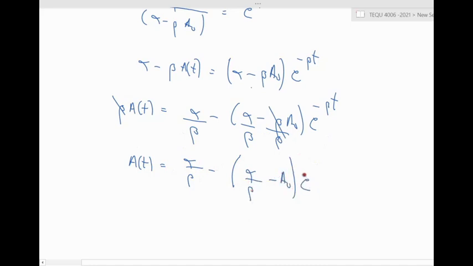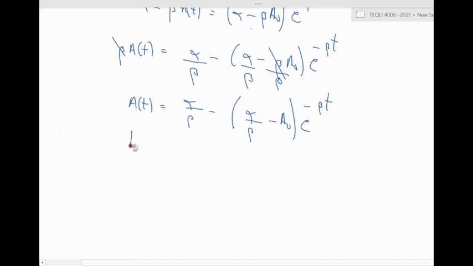A0 e to the minus beta t, which is very interesting, because basically what I'm saying now is that as time goes to infinity, if you put infinity here, that e to the minus infinity is 0, all this is gone, and you have this. So you have equilibrium.